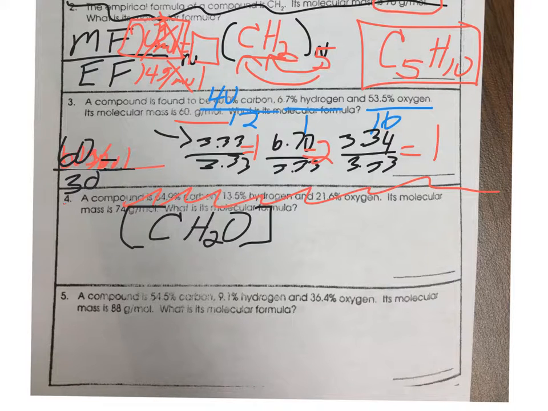So 60 divided by 30 is 2. This 2 is what you're going to use to multiply into your empirical formula. You see how that's on the outside? Okay. Stop me if we're lost somewhere. Okay, so what's your next step?